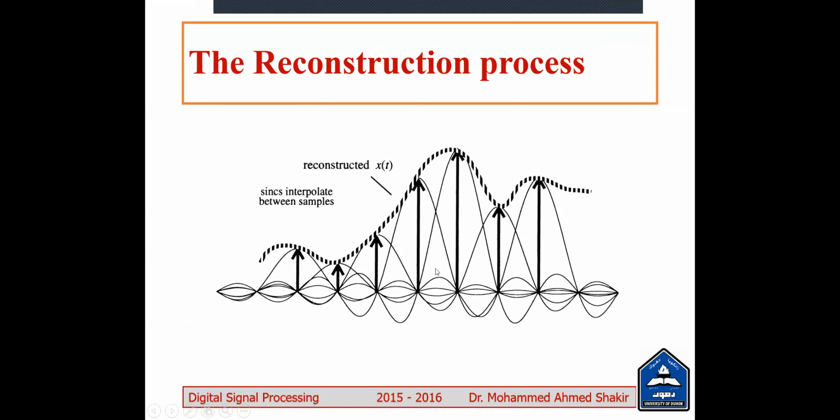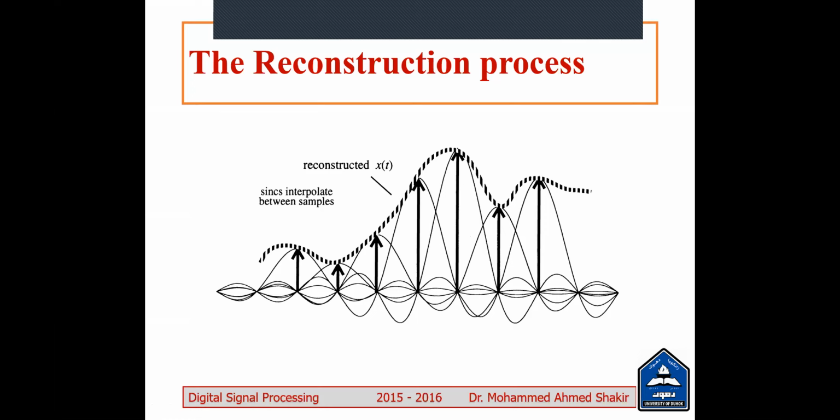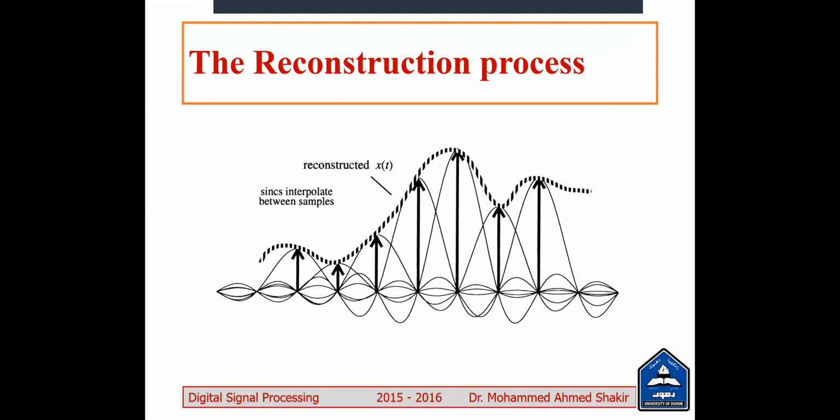We have a stream of sincs. How are they generated? The sinc function is the inverse of the rect function in frequency, and it is convolved with the original signal x of t. After performing the superposition, we can reconstruct the original samples.